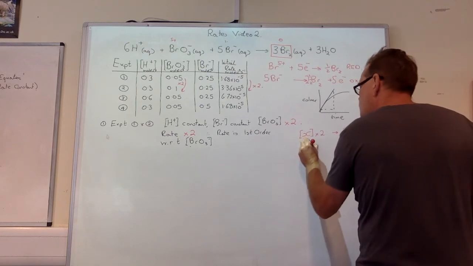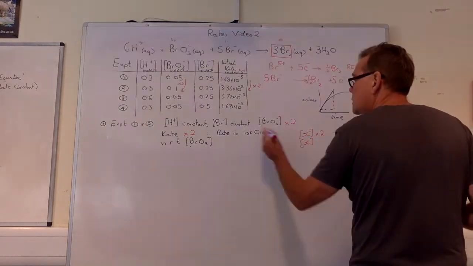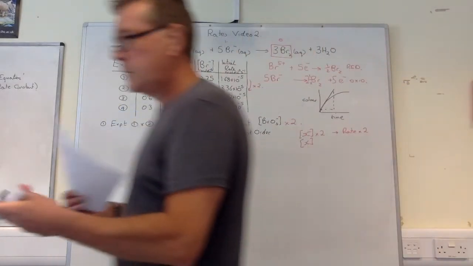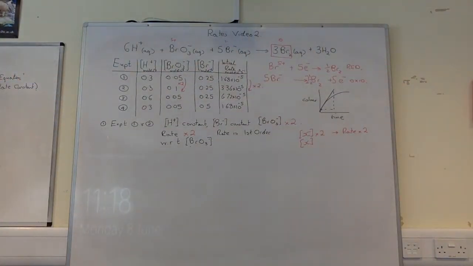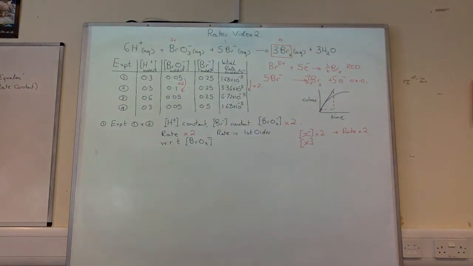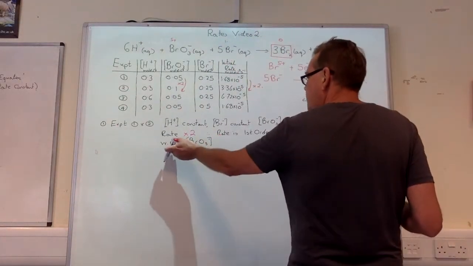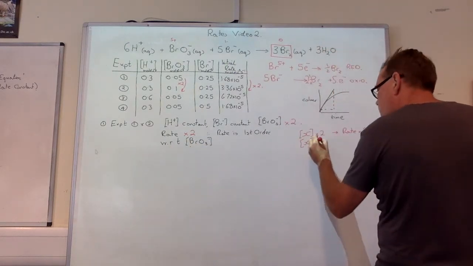If you take the concentration of a substance, in this case the bromate, okay, so that X is just any reactant, okay, and it's 3 times.